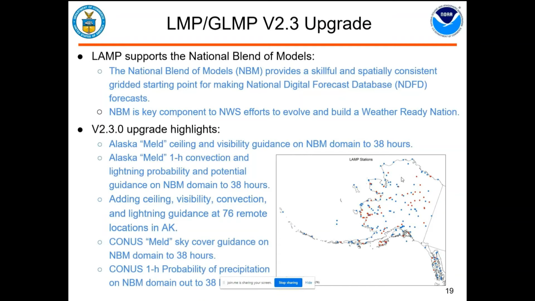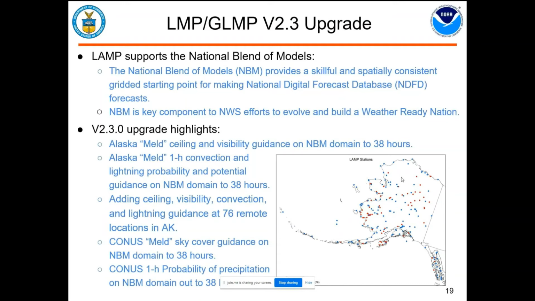Here's a quick rundown of our version 2.3 upgrade highlights. We're adding an Alaska MELD ceiling and visibility product on the NBM domain to 38 hours. We're also doing an Alaska MELD 1-hour convection and lightning out to 38 hours. We're adding ceiling, visibility, convection, and lightning to 76 remote locations in Alaska.